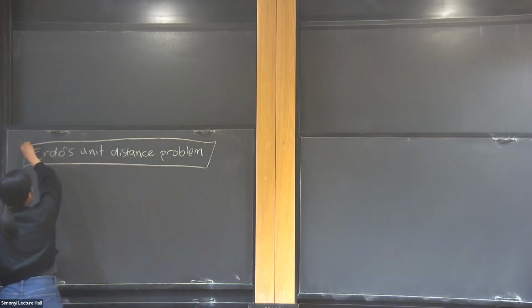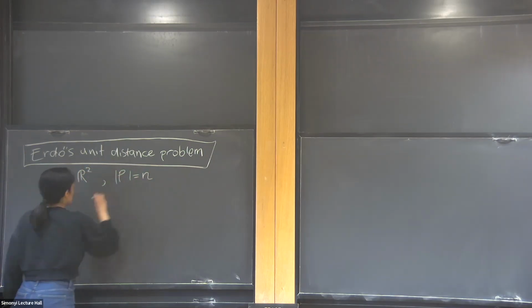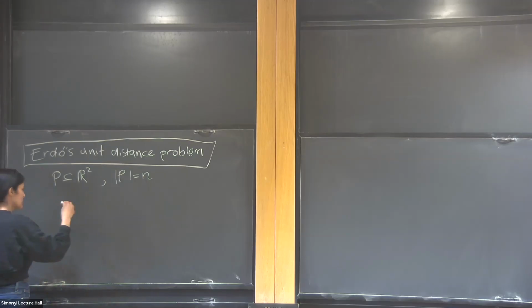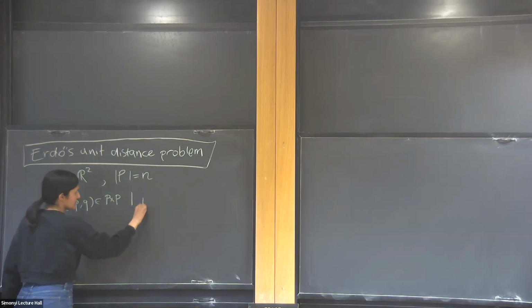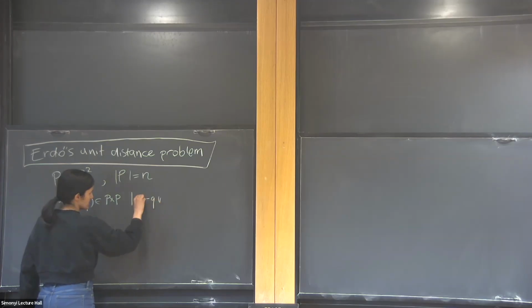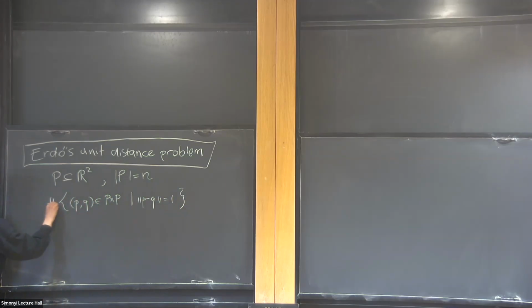We're given a finite point set P in the plane, say n points, and we consider the set of pairs PQ of elements of P such that the distance between P and Q is 1. Let's denote the size of this set as U of P. And the question is, how large can it be?